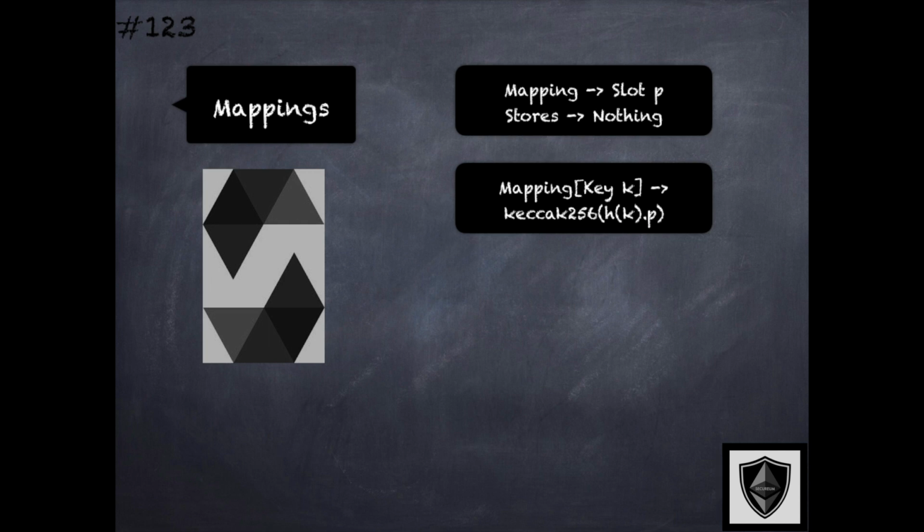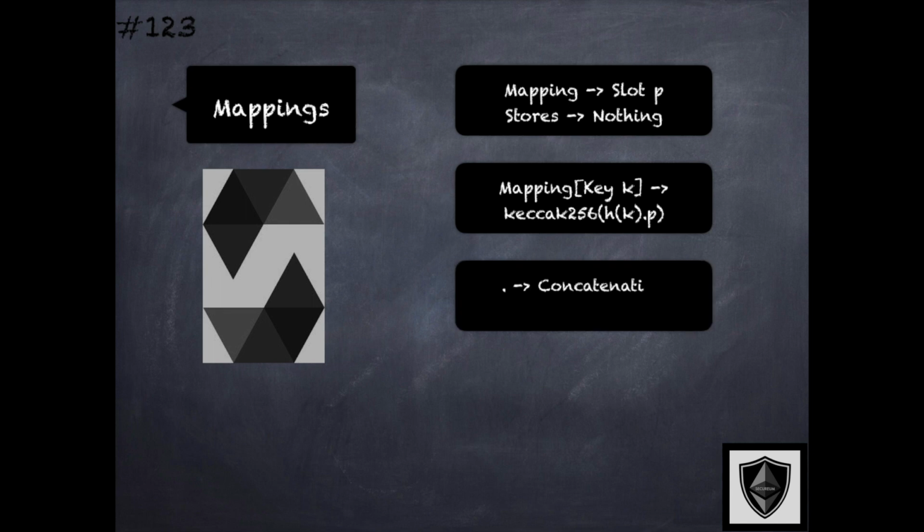And the slots corresponding to the values for keys of this mapping type are calculated as follows. For every key k, the slot that is allocated is determined by taking a Keccak 256 hash of h(k) . p.